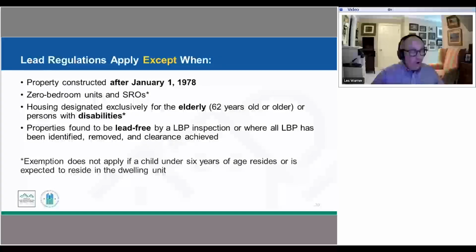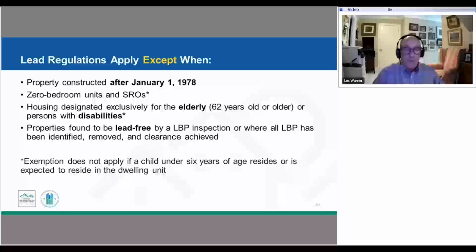Now, I want to repeat this because we've had a lot of questions in our training series. Lead-safe versus lead-free is something different. We could have a property where we've identified lead-based paint, and we have done abatement on that property and contained the lead, but it has not been removed.